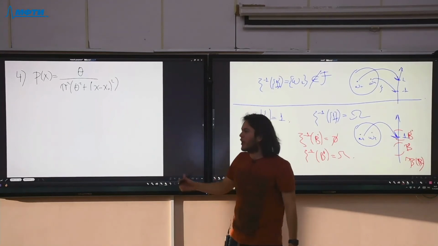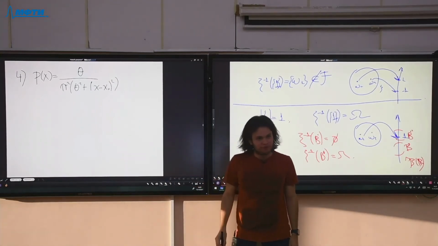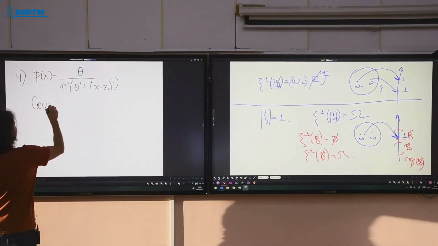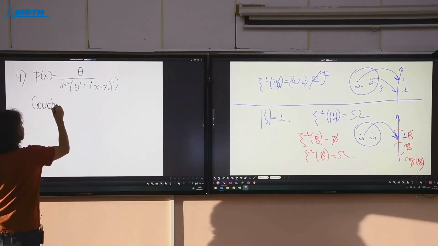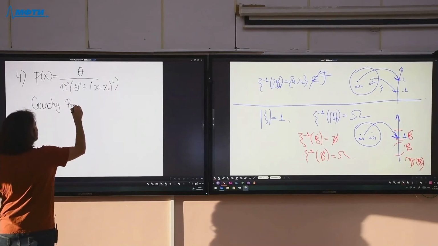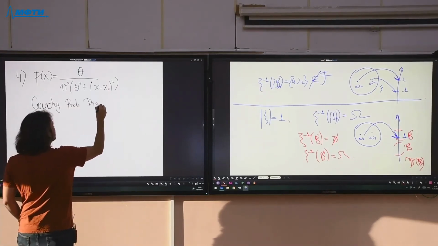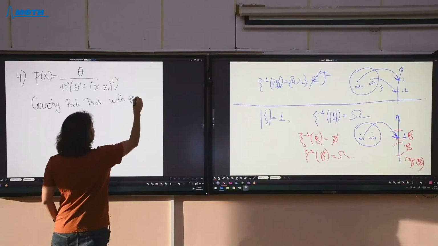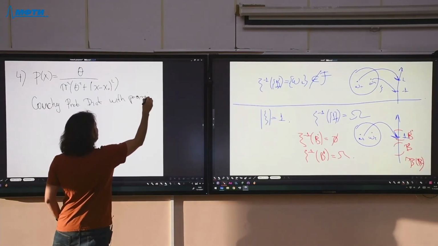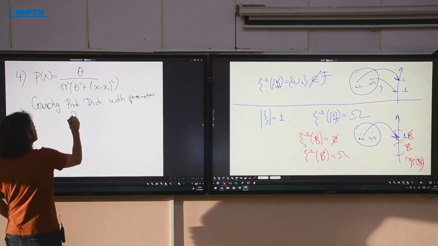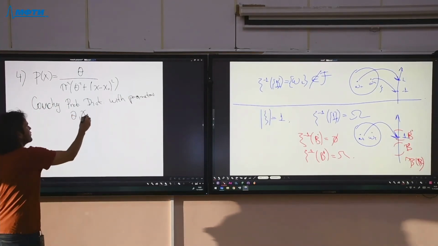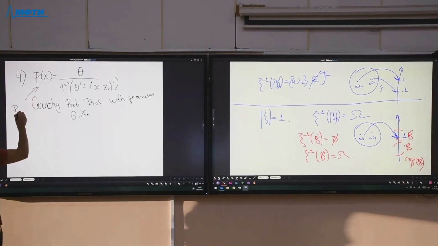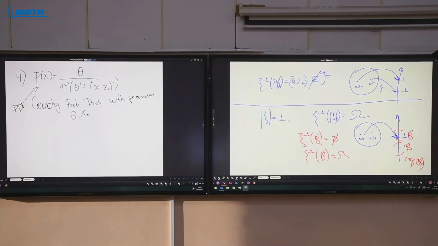This is the Cauchy probability distribution with parameters theta and x0, and this is the PDF, right? Now we have to find the CDF.